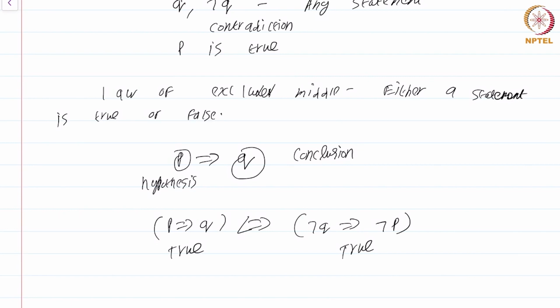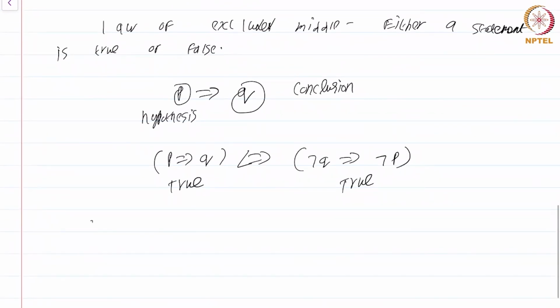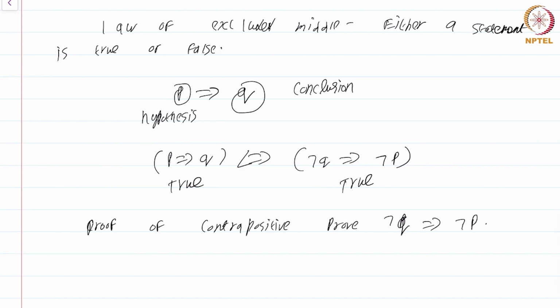So in the proof by contrapositive, instead of trying to prove that P implies Q, you prove negation Q implies negation P. So the proof by contrapositive just uses the fact that this entire statement is a tautology.